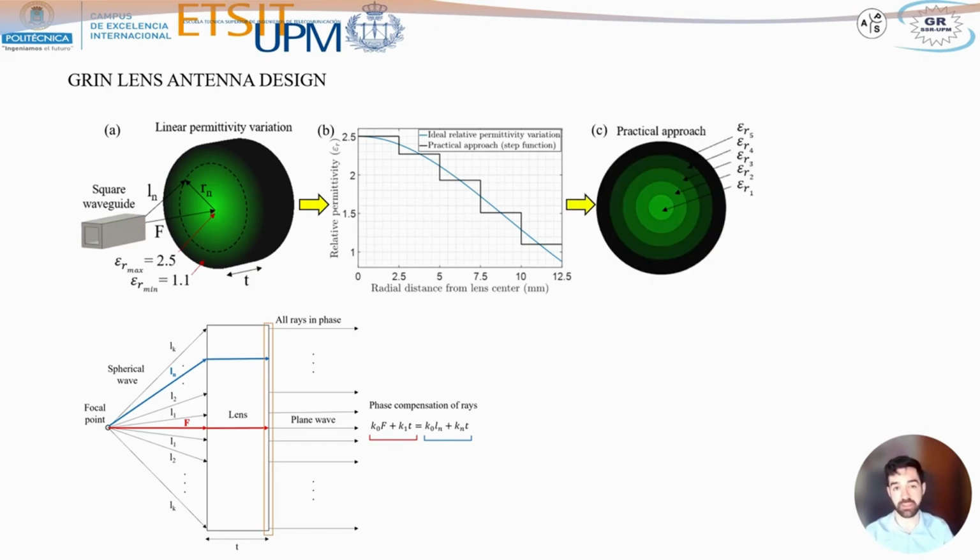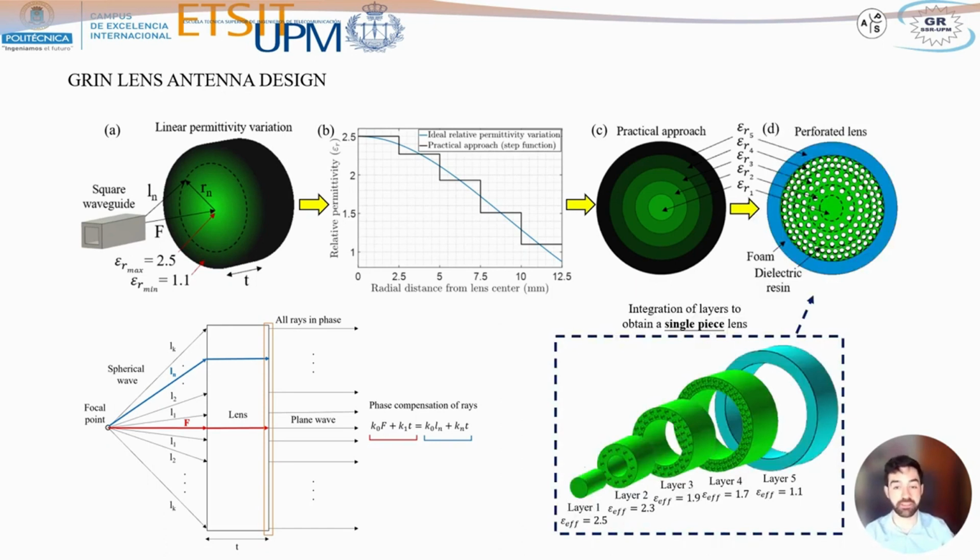This means that we designed a 5-layer lens with given relative permittivities. Now, to achieve the exact relative permittivity required for each layer, what we did in the paper was to perforate each layer as shown in the image.